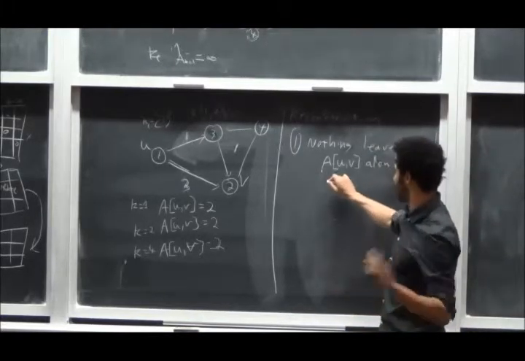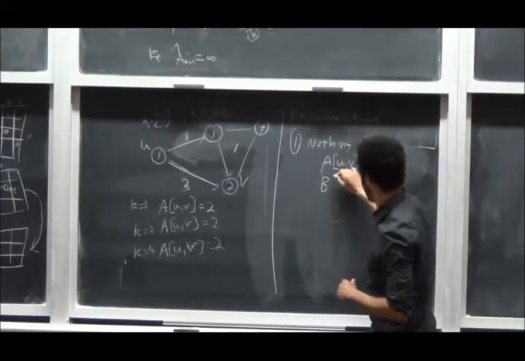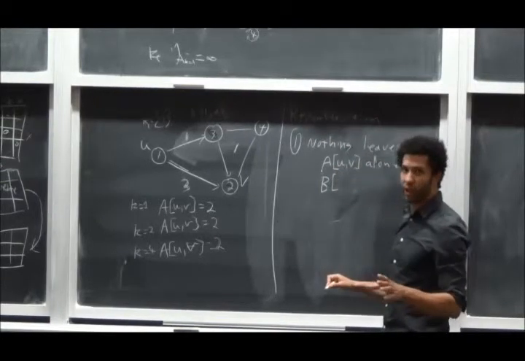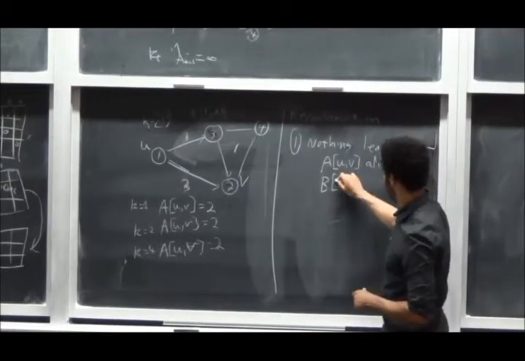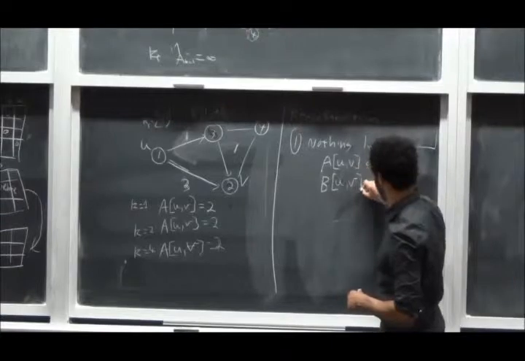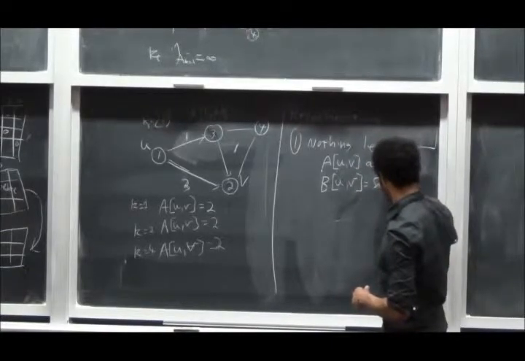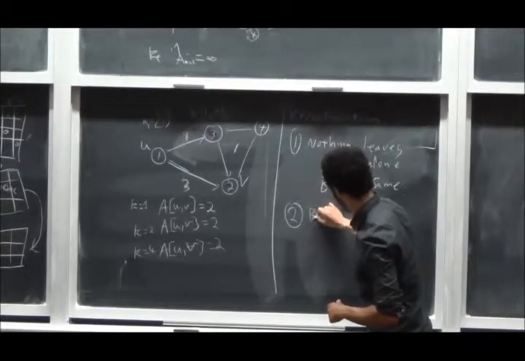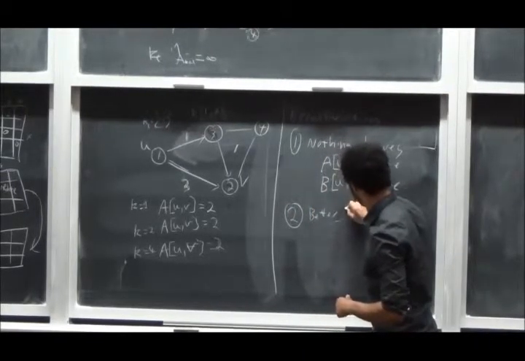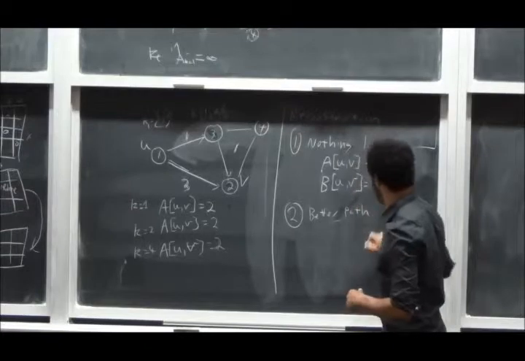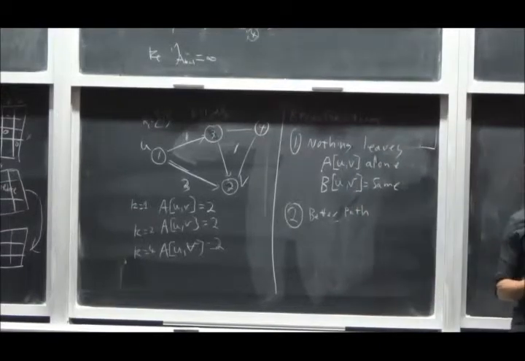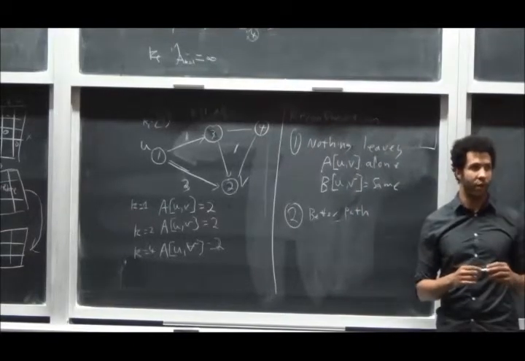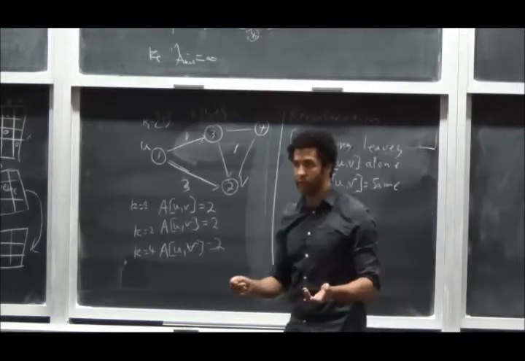So if we consider having some B value, reusing the same notation from the matrix chain multiplication, we can say that the BUV value is going to be the same. The question is, when we do an update, we found a better path. And which node did we find a better path through if we're updating the value? The k value, yeah.